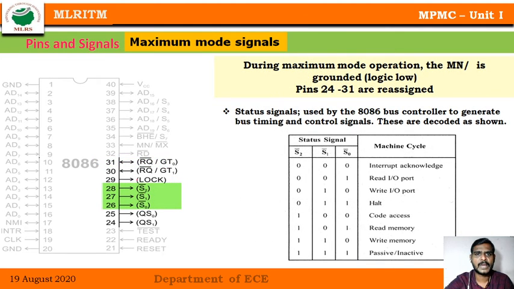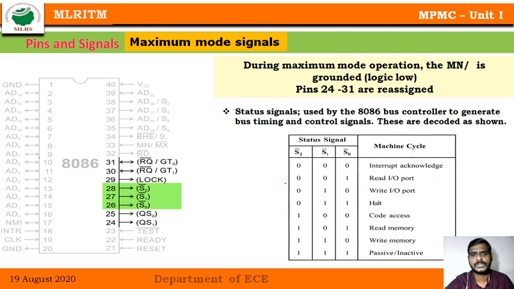Then if you come to the maximum mode signals, pins 28, 27, 26 are the status signals which tell which operation is being performed. Maximum mode is where the 8086 hands over all the control, data and address buses to other co-processors like the 8087 arithmetic processor.